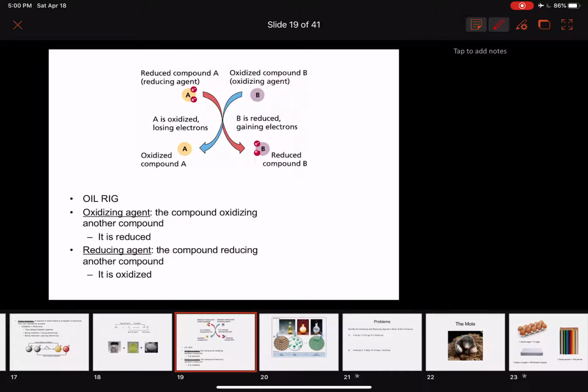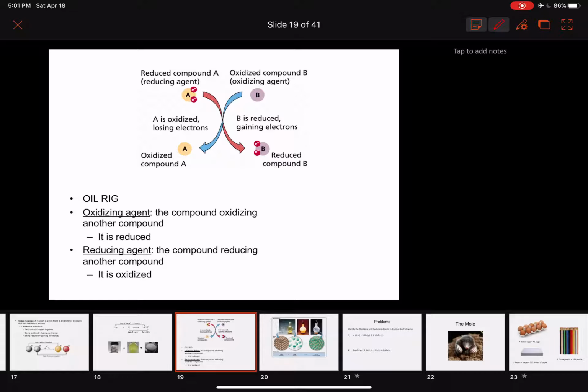Now this slide right here is showing us the same thing that we saw in the last slide, except it's introducing us to the concept of oxidizing agent and reducing agent. Now these definitions kind of seem backwards to some students, but I'll explain it here.